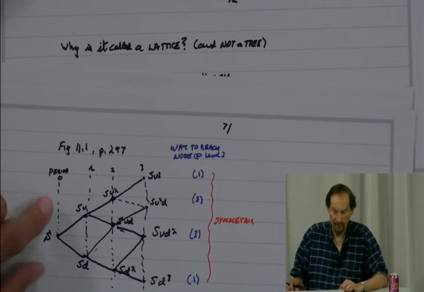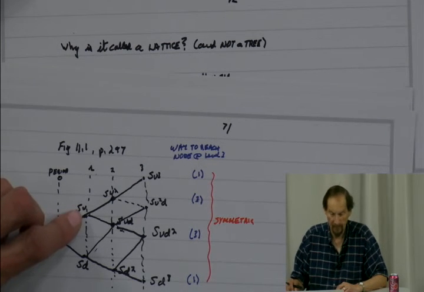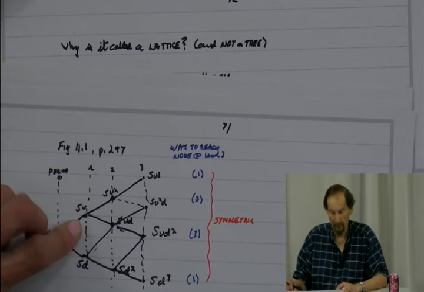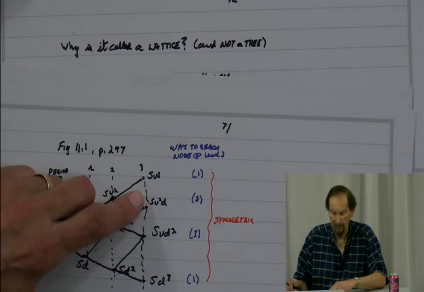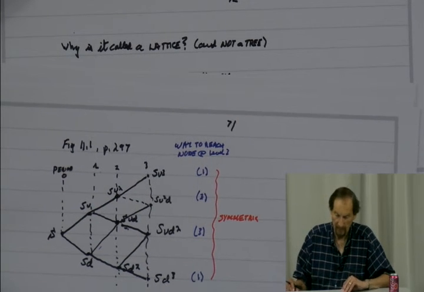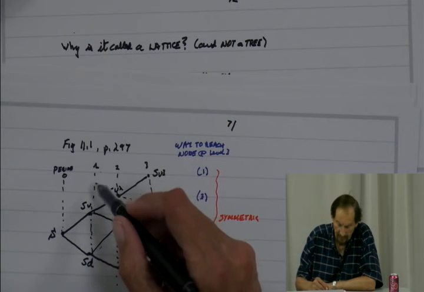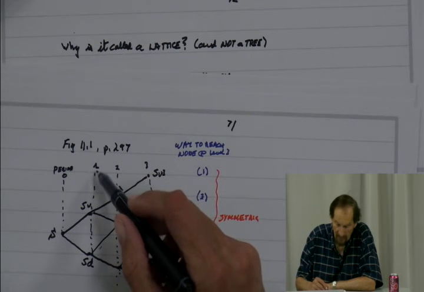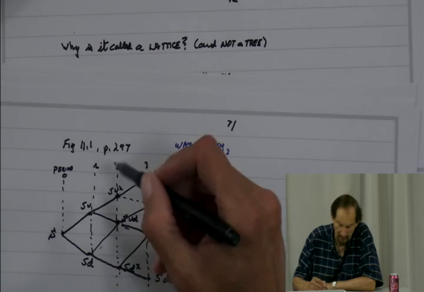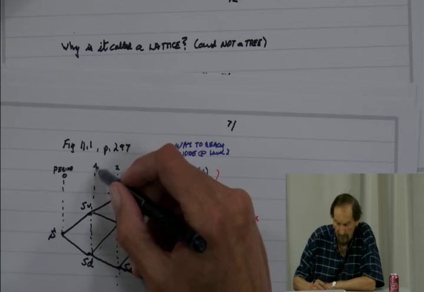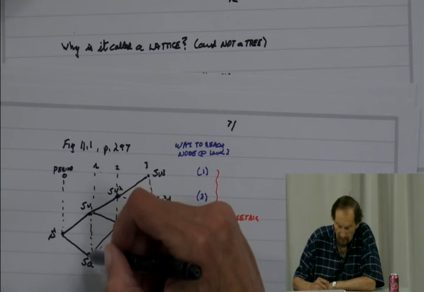So this is period 0. This is the end of period 1. This is the end of period 2. This is the end of period 3. Okay, so at the end of period n-1, where n is 2, at the end of period 1, we have 2 nodes.